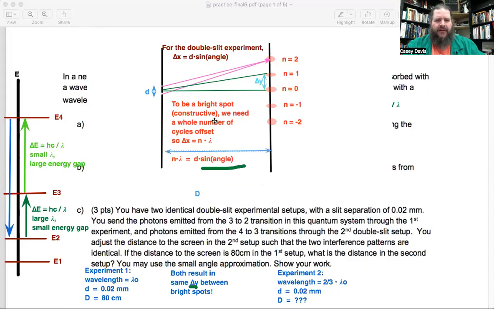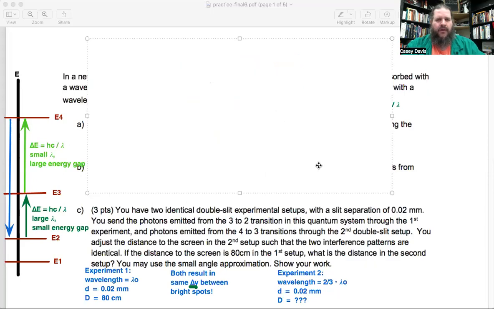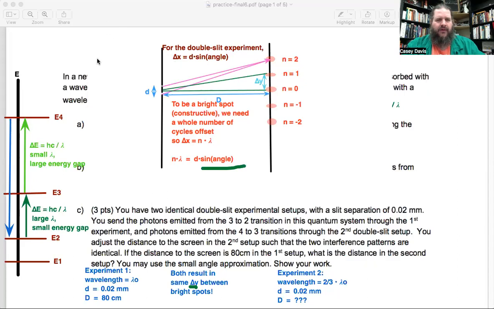Yeah, because capital D is that distance between the slits and the wall. So if we're considering this angle, tangent of that angle would be opposite over adjacent, delta y over D. So we can say that tangent of the angle is delta y over D.